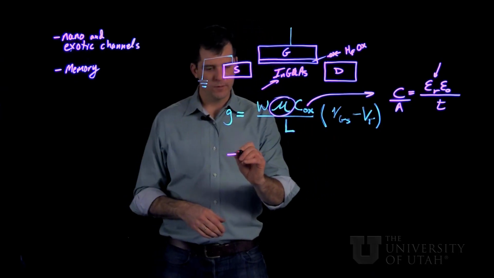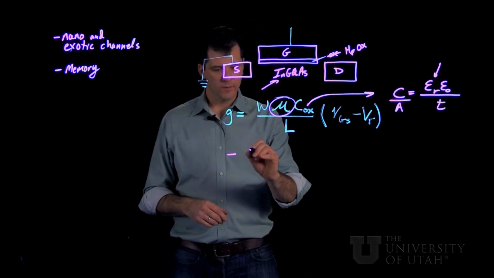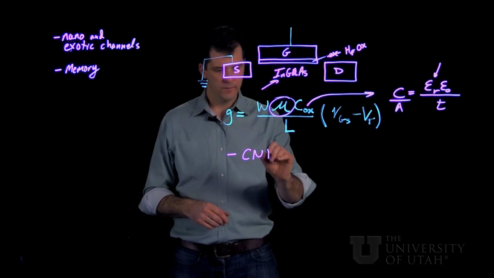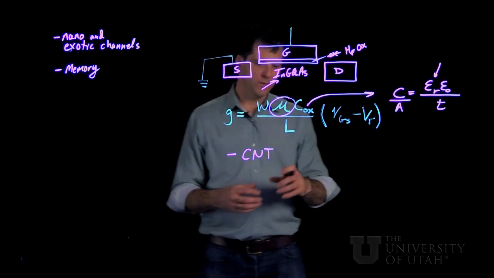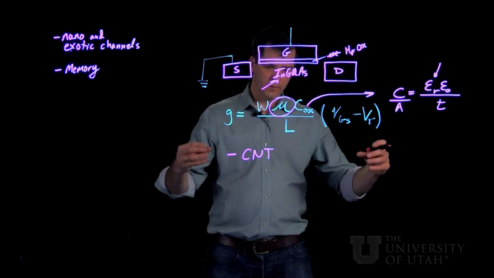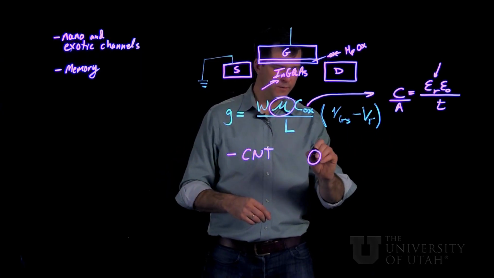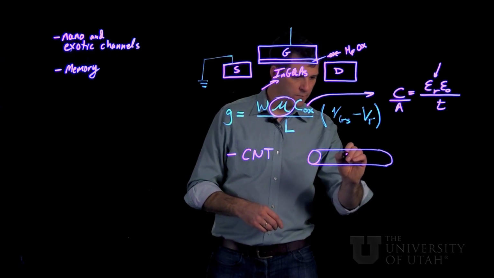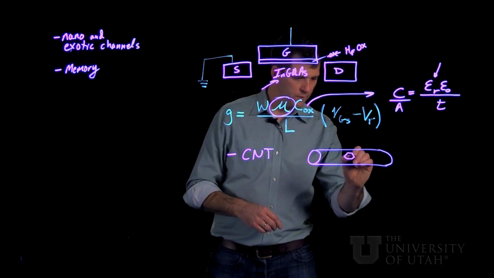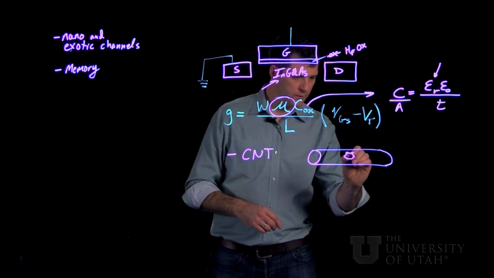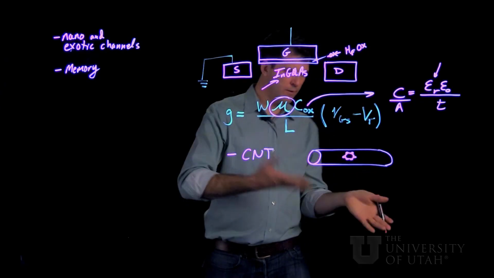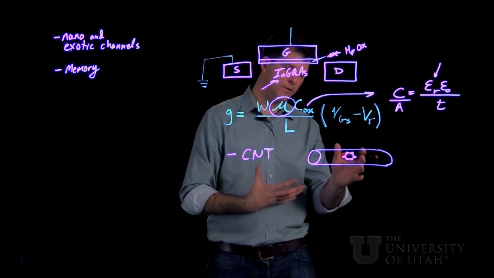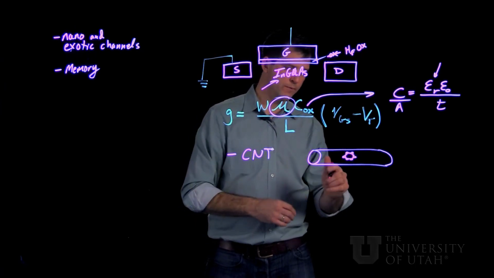Other options, more exotic things, carbon nanotubes. So these are whiskers or thin tubes or pipes made out of carbon where the carbons are bonded into a sheet and then rolled up and connected into a tube. And the fundamental structural unit is a hexagon of carbon.